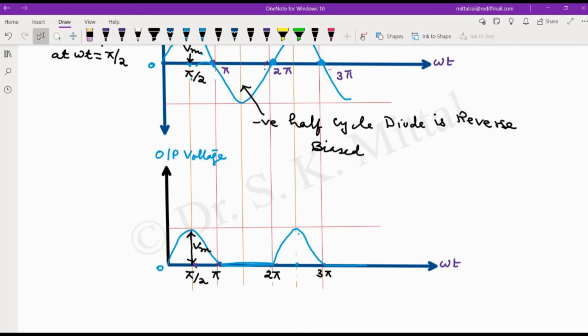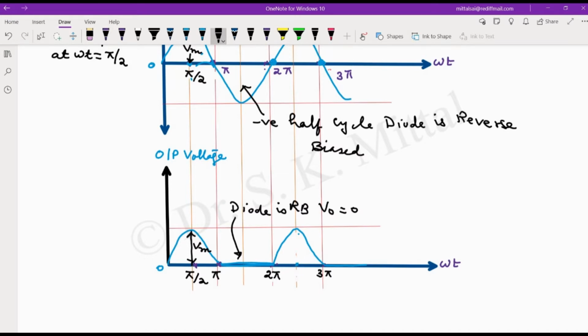So from omega t is equal to pi to 2 pi, when diode is reverse biased, output voltage V0 is equal to 0.